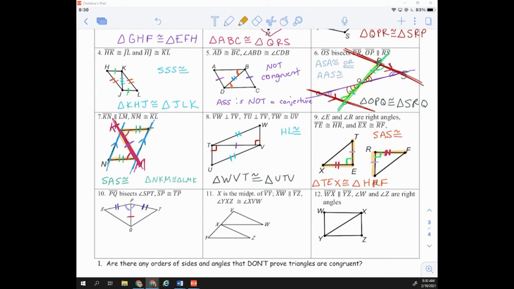So we have side, angle, side again. Side, angle, side. So I went up the 1 tick mark side, then down the 2 tick mark side. So for the second triangle, I'm going to go Q, P, T.